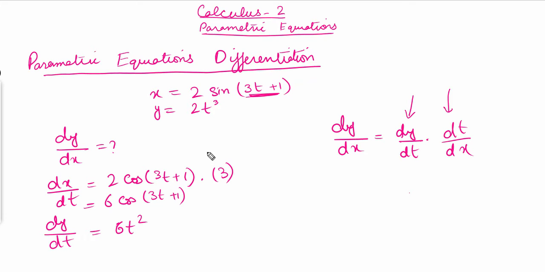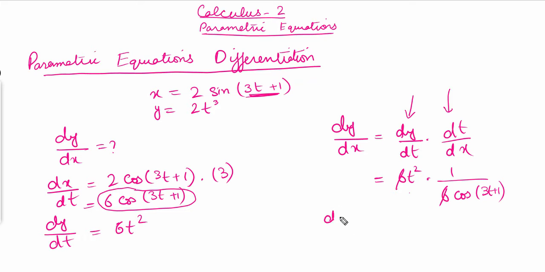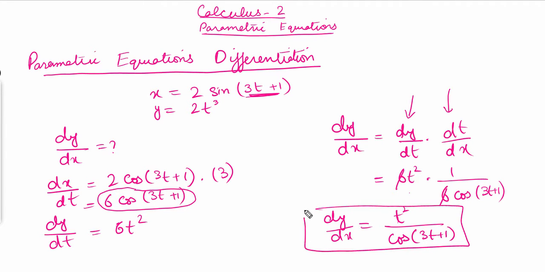Now we'll insert the values over here. So dy by dt is 6t square, and dt by dx will be the reciprocal of dx by dt, which is 1 over 6 cos(3t plus 1). The 6 will get cancelled, and our answer will be t squared over cos(3t plus 1). This is how we can differentiate parametric equations by using the chain rule.